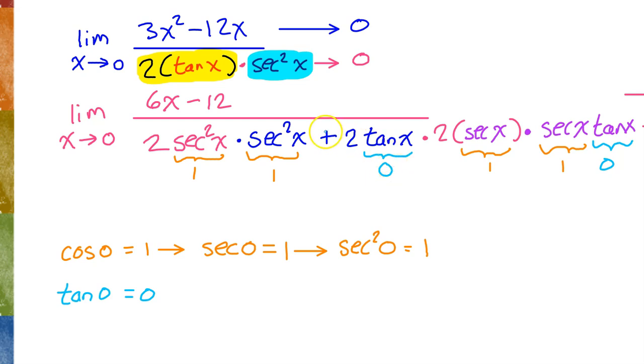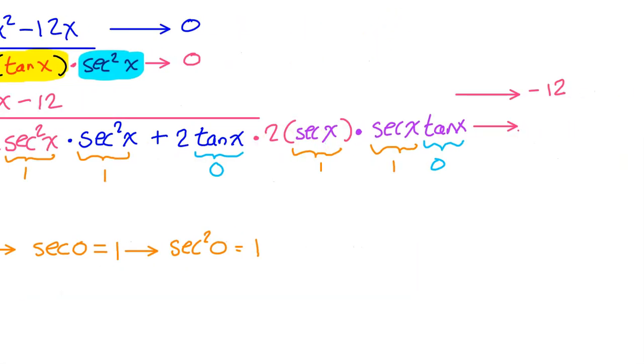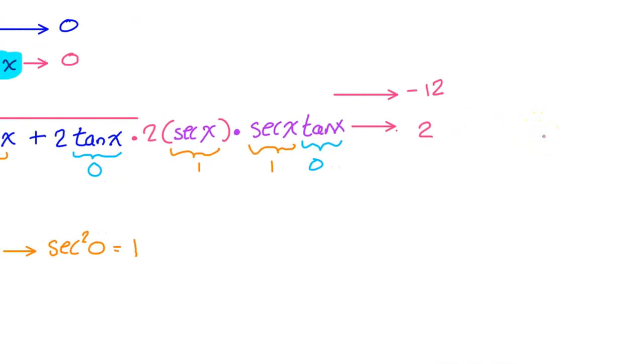Multiplying by 0 is going to wipe out all of this. So this part is going to just be 0. And then these are both 1s. So we just really have 2 plus 0, which is 2. So it comes down to negative 12 over 2, which is negative 6. And that is the limit.